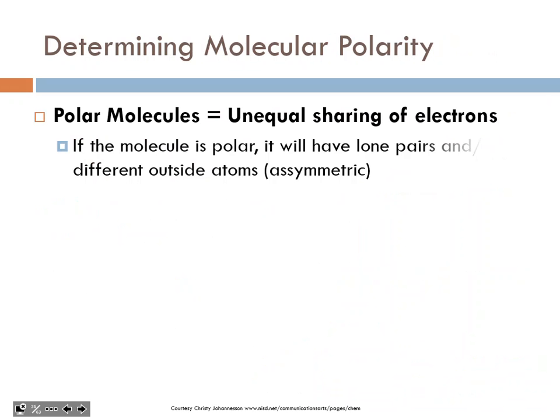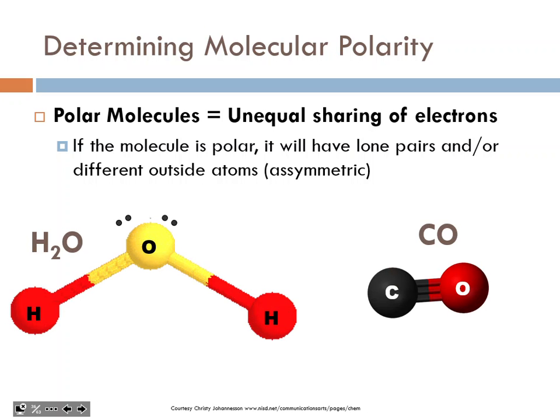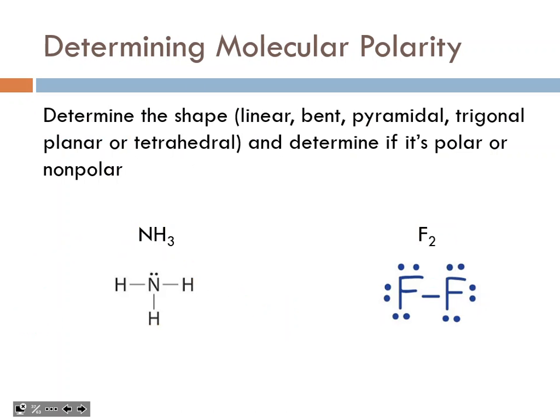Whereas, say, something like water or carbon monoxide, these two examples, both are polar, either due to the shape with the lone pairs causing it to be bent and then therefore not symmetric, or CO, where you have two totally different atoms. The difference between them, of course, is higher than 0.5 on the electronegativity difference, and therefore also polar.